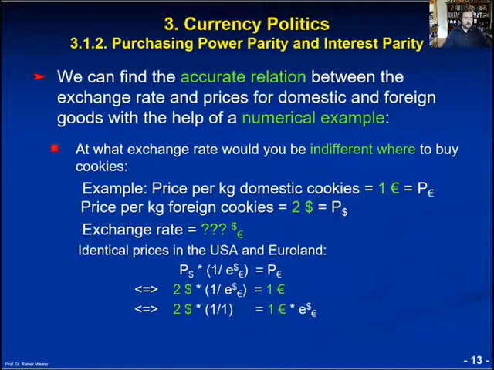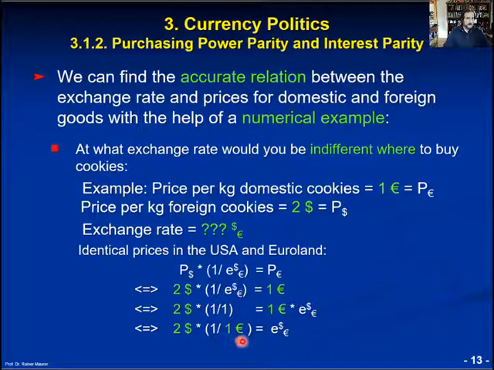We can do this by multiplying both sides of the equation by the unknown exchange rate variable. Then it disappears on the left side and reappears on the right side of the equation. Then we can divide the equation by the euro price level of €1 per kilogram of cookies, which then disappears off the right side and reappears on the left side.